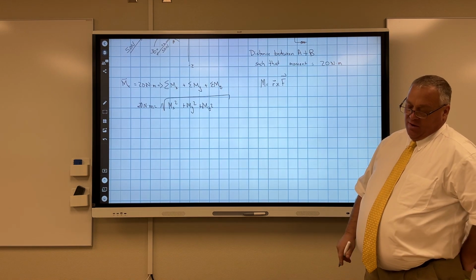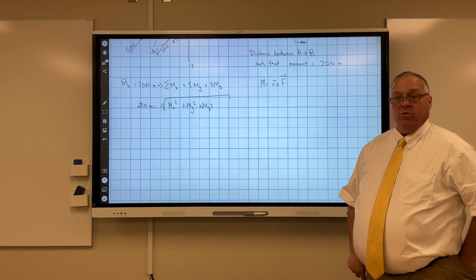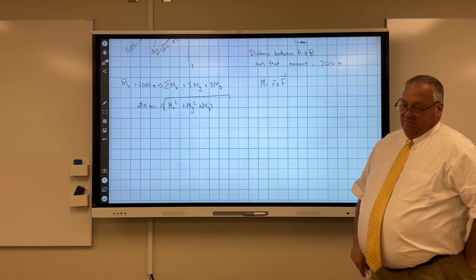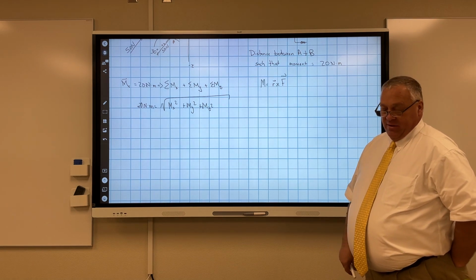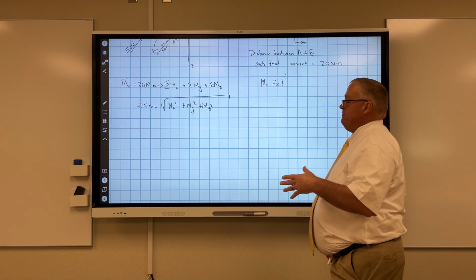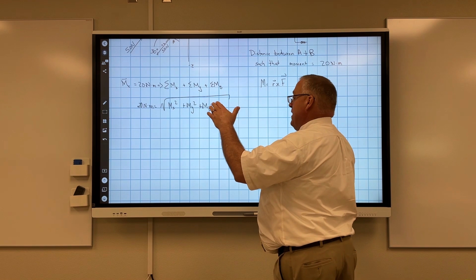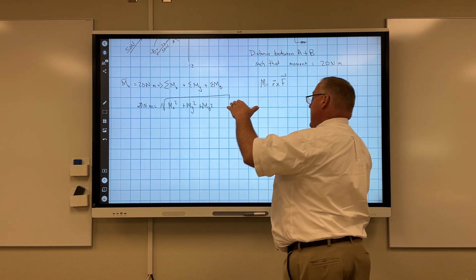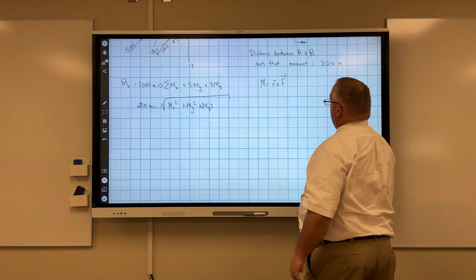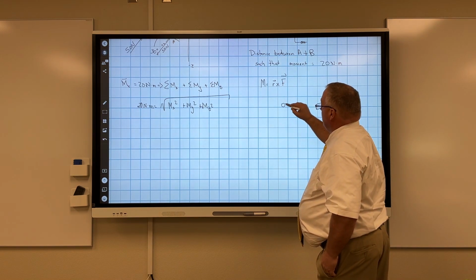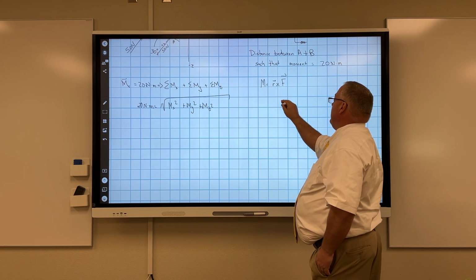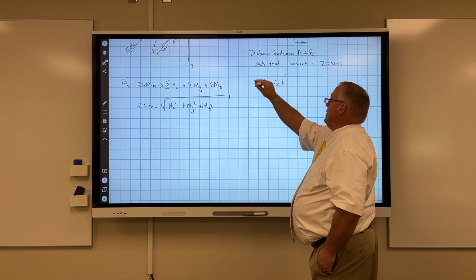Now remember, a couple is two forces of equal magnitude in opposite directions. So we've got the two 35 Newton forces acting between A and B. One's at B and one's at A, in opposite directions. But remember, this handle goes up, comes out here, goes up like this, and comes back out.